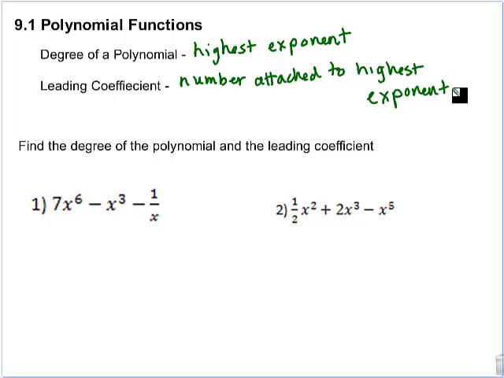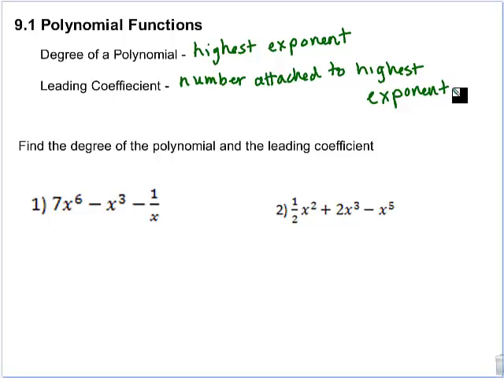So for these two functions, we want to find the degree of the polynomial and then the leading coefficient to go with it. So for number 1, we've got 7x to the 6th minus x cubed minus 1 over x. So we have to look at all of our exponents and figure out which one is the highest. So 6 is the highest here.